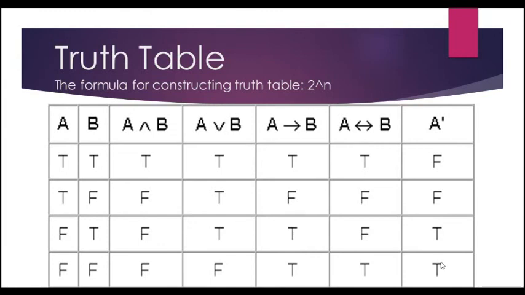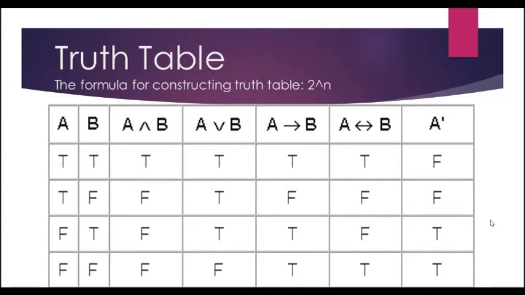Okay? So we can have another column, no? We're going to have the negation of your statement B, i-negate natin yan. So it is the opposite of the truth value. True magiging false, false magiging true, true magiging false, false magiging true. Okay, so that is your truth table.